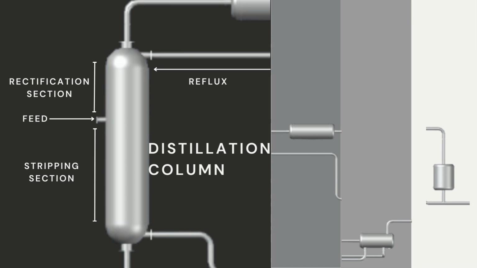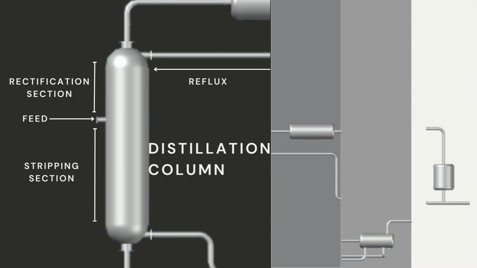Each component of the distillation column plays a vital role in the separation process. The feed introduces the mixture for separation and balances the mass and energy within the system. The rectification section focuses on enriching the vapor in volatile components.